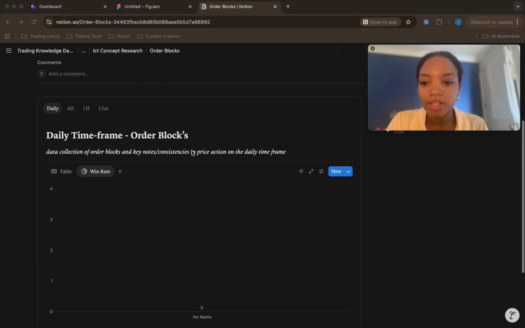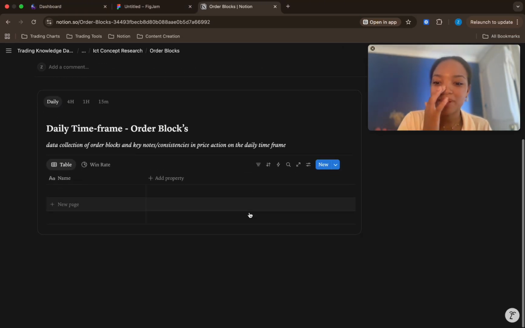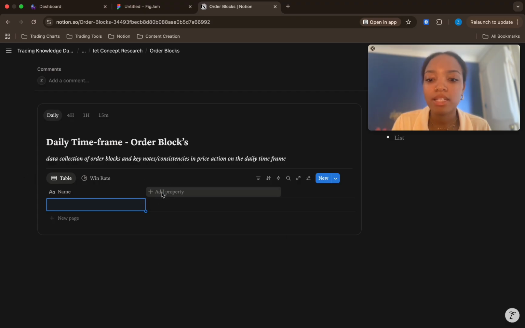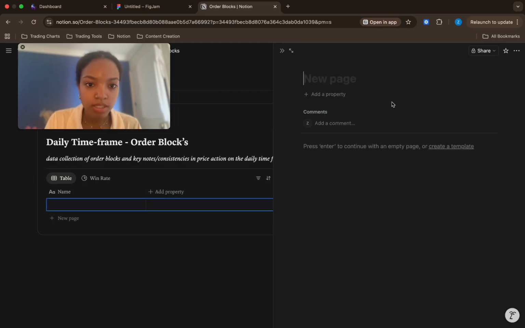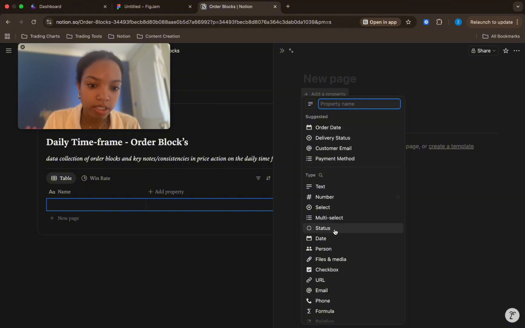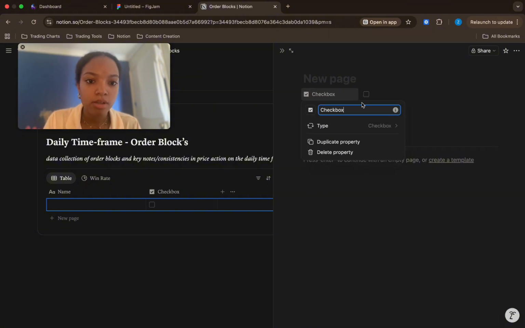Anyway, so we're going to have our table here, and what we're going to have is the different properties. It's a lot easier for me to do the properties in here, I'm not going to lie. So we'll have the checkbox, which is order block played out.